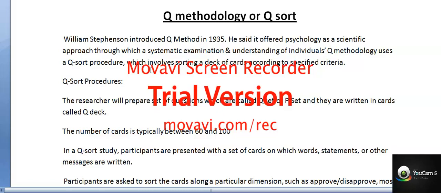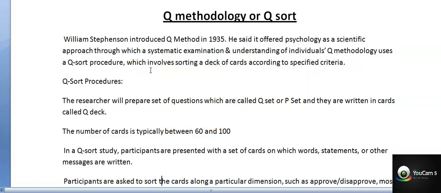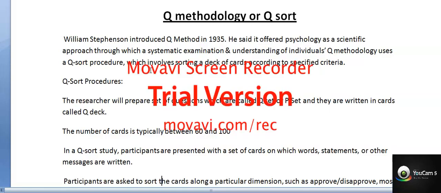This Q set or P set is called the set of questions or statements prepared related to the topic. Once the Q set is ready, they will write it on cards, and they say it as Q deck of cards. So all the statements or words will be written on a white card, and this is called Q deck.